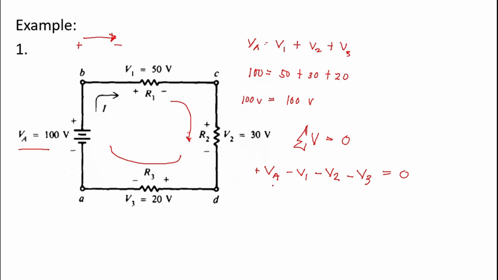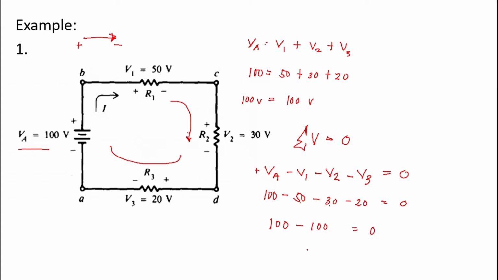Substitute the value: voltage A, or the voltage applied, is equal to 100, minus 50, minus 30, minus 20, is equal to 0. So 100 minus 50, minus 30, minus 20 is equal to 100.